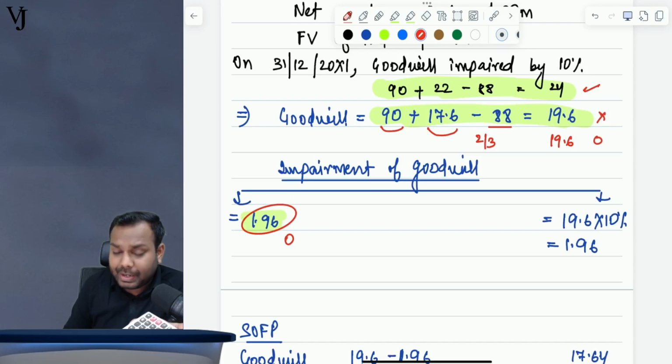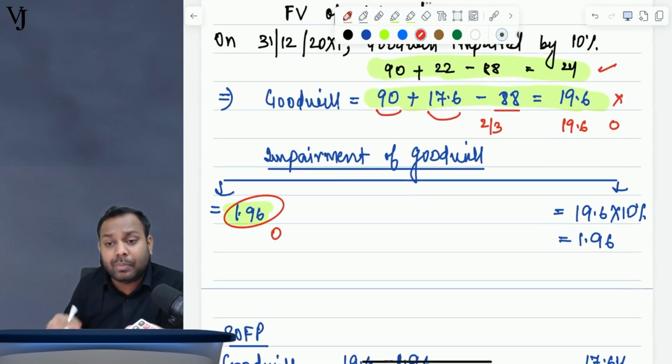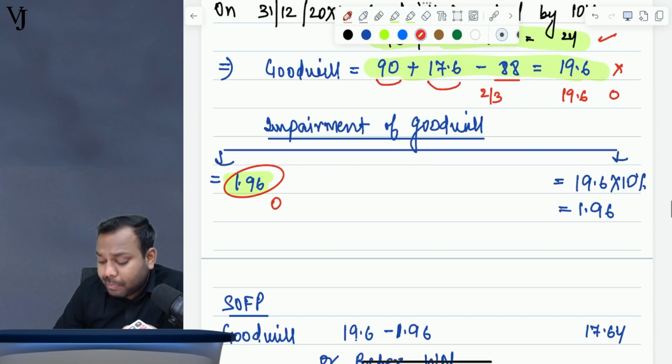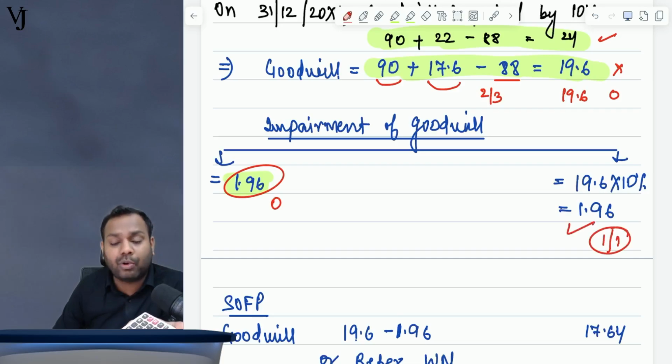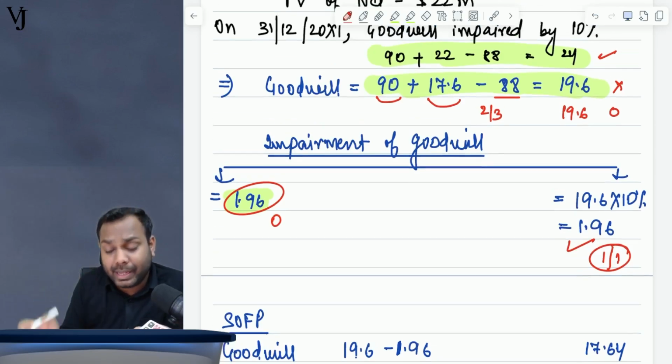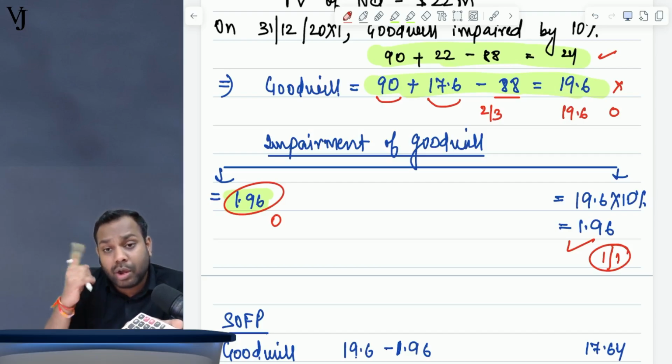But now there is another student who writes here 19.6 multiplied by 10% is equal to 1.96. You know, this student will fetch 1 out of 1 marks. Why? Because the examining team will think, okay, we have already deducted the marks for wrong goodwill.